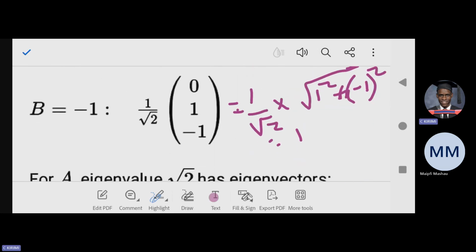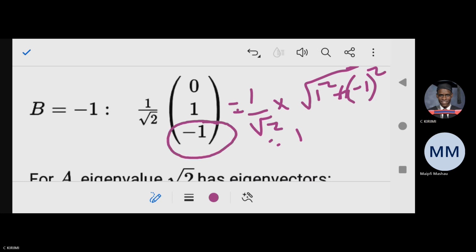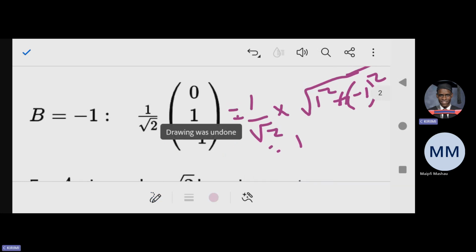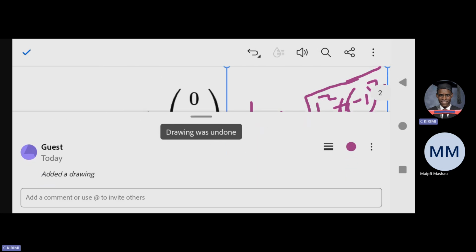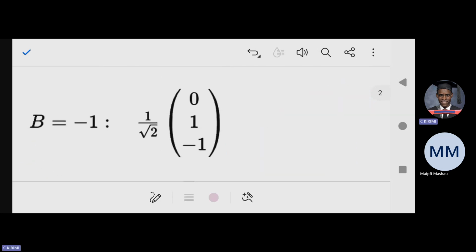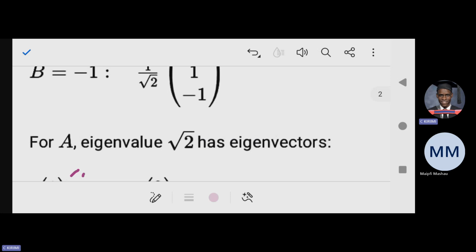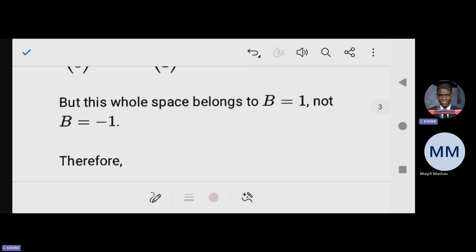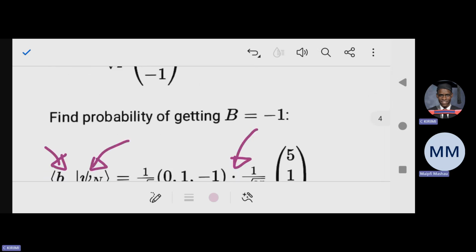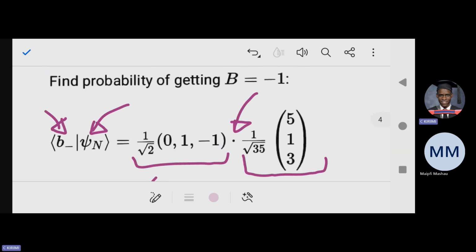The eigenvector which corresponds to B -1 is 1 over root of 2, 0, 1, negative. Then the ones corresponding to B, there were two eigenvectors. But here for B, we are having one, which is corresponding to the negative number, which is -1. Only one eigenvector, which is the one that we are using here when we are normalizing, which means dotting the product.